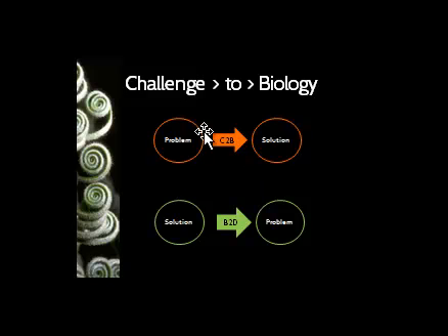And with that sort of design in mind, you start out with a problem, or what we're calling a challenge, and you use a Challenge to Biology Design Spiral to come up with a solution that's inspired by nature. Okay, so you take your challenge to biology in order to come up with your solution. And again, that's in contrast to the Biology to Design, which is more for an invention sort of a process, where you're inspired by a solution you see in nature and use the Biology to Design Spiral to come up with a problem that then you'll look to solve.